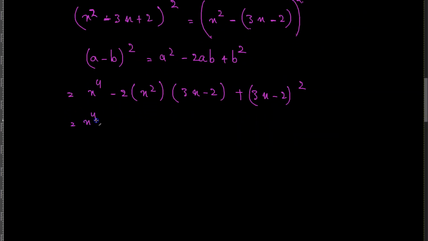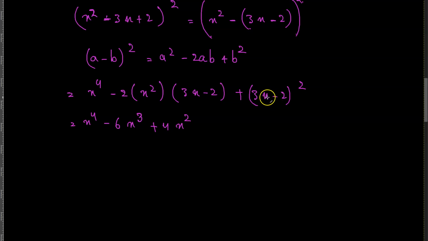That is the same thing as x raised to the power 4 minus 2 times x squared times 3x, which would be 6 times x raised to the power 3. And then you have negative 2 times negative 2, positive 2 times 2 is equal to 4, x raised to the power 2.